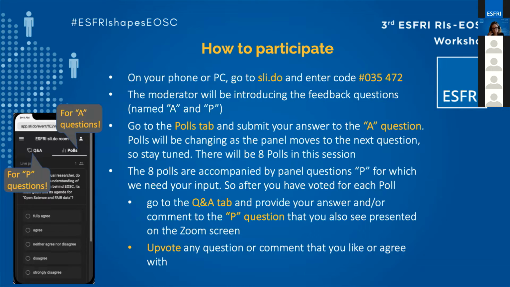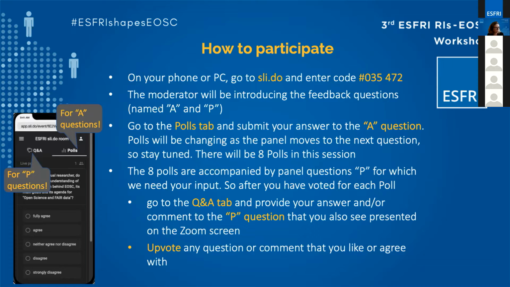Then we move to the quick questions for both panelists and the audience. The idea is that while the panelists discuss the questions, the audience provides feedback in parallel. All these 8 polls are accompanied by the panel questions P, for which we need your input. After you have voted for each poll, go to the Q&A tab and provide your answer or comment to the P questions that will be presented on the screen.